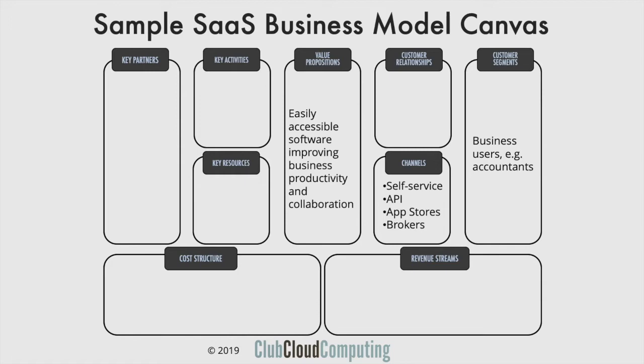Now, for ongoing understanding of what your customer is doing, you need customer relationships. And for that, again, cloud and software as a service is a bit peculiar because you have online insight into what these people are doing. And since you have an online service, you're also typically giving online support.